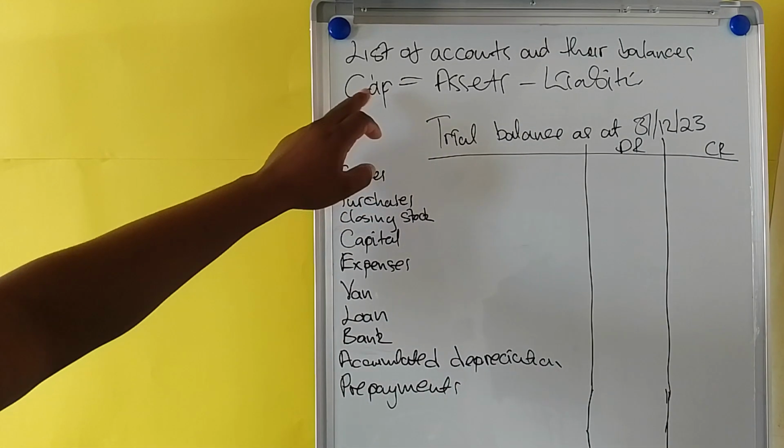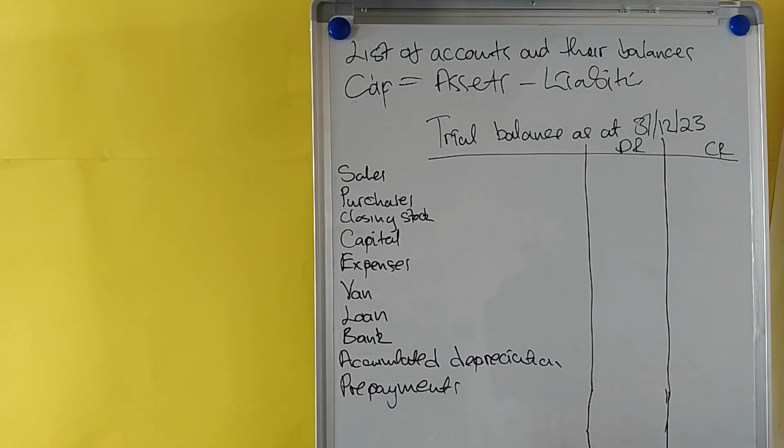We also have capital; all the capital elements might include reserves, net profits, and share capital. Share capital comes in both preference shares and ordinary shares.